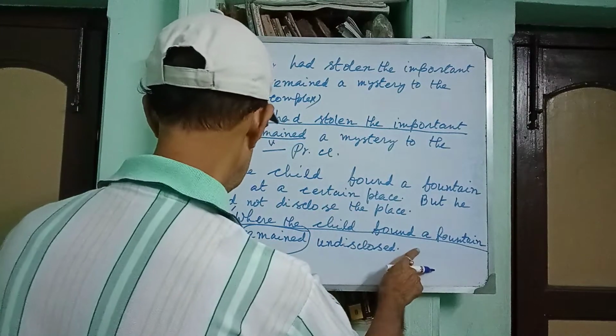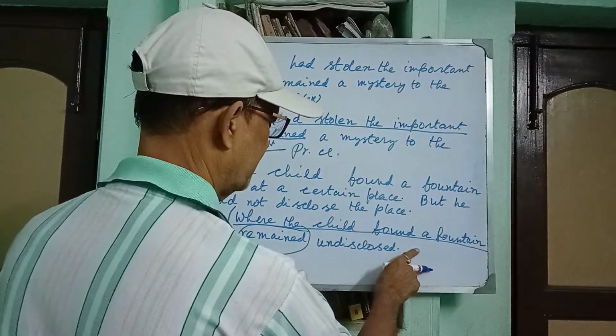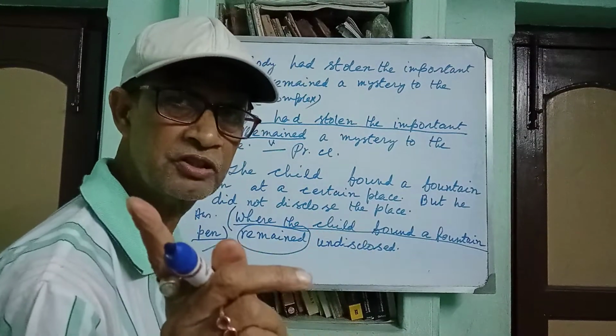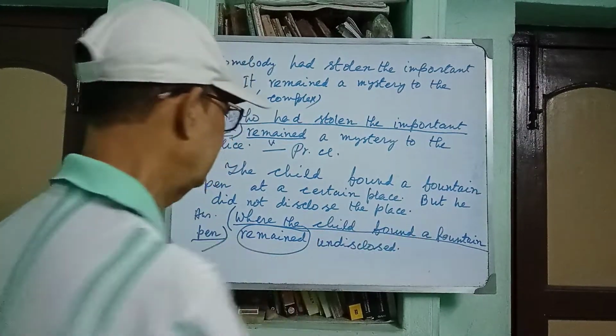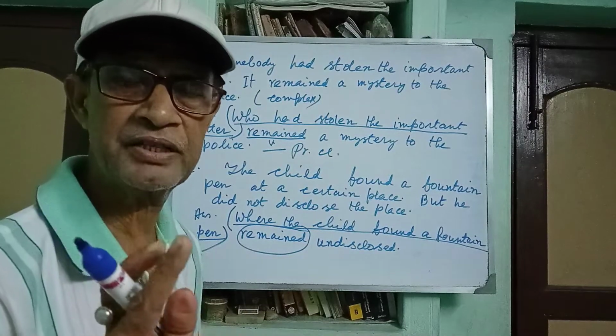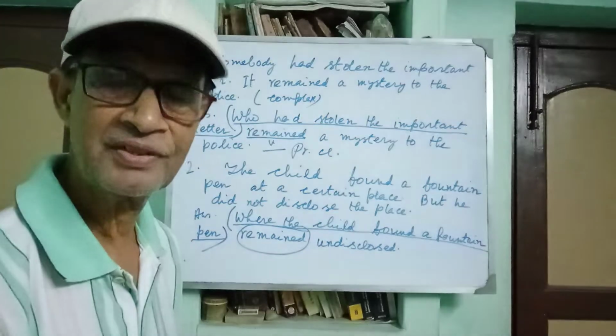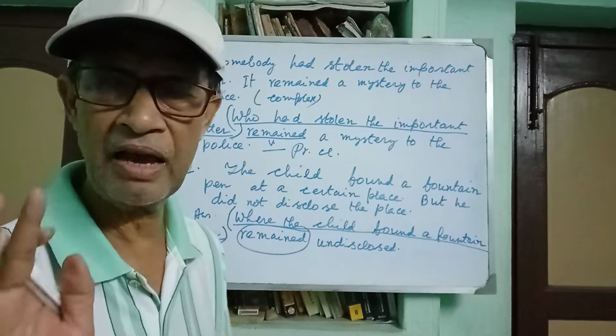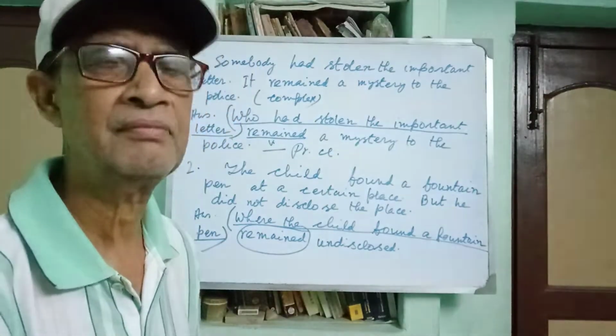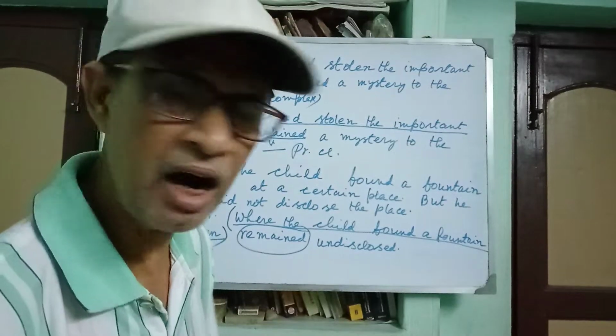The entire sentence is the principal clause, and where the child found a fountain pen is the subordinate noun clause and subject to the verb remained. Am I clear? Now let us come to the third example.